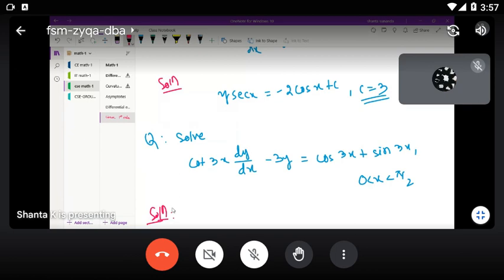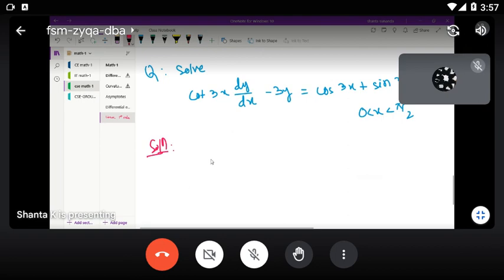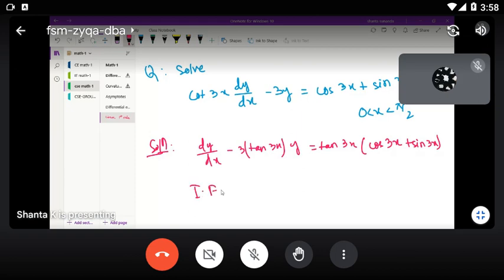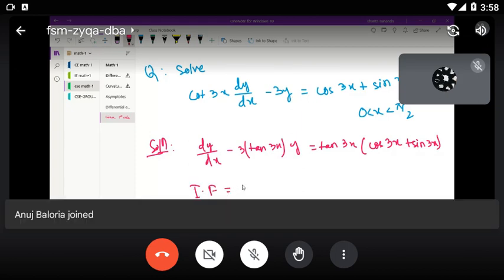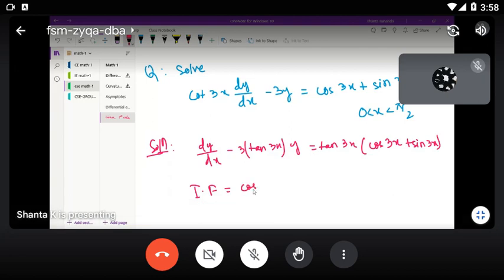So you write it in that form, then you will have, and the integrating factor, it's coming as cos 3x. Yes, ma'am. So I'm writing directly.